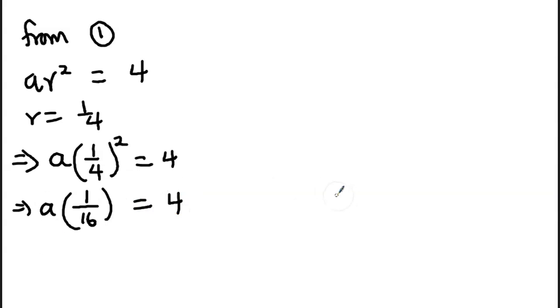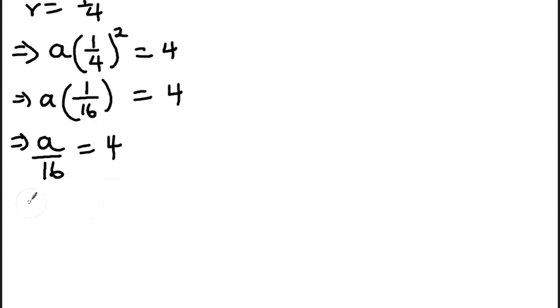So we can cross multiply. Therefore A times 1 is equal to 4 times 16. So A is equal to 64.